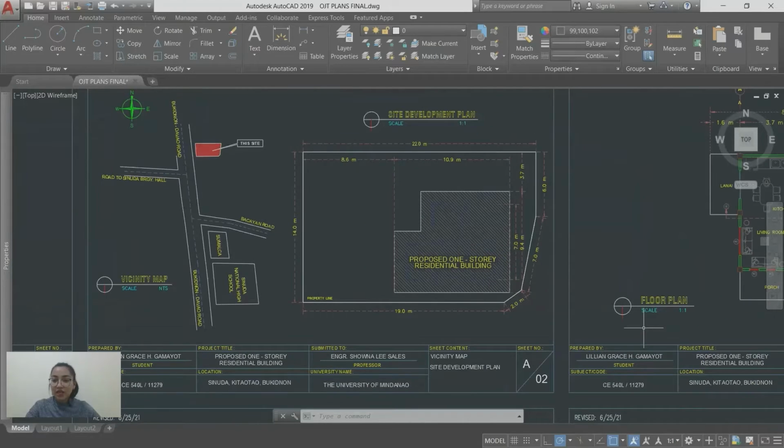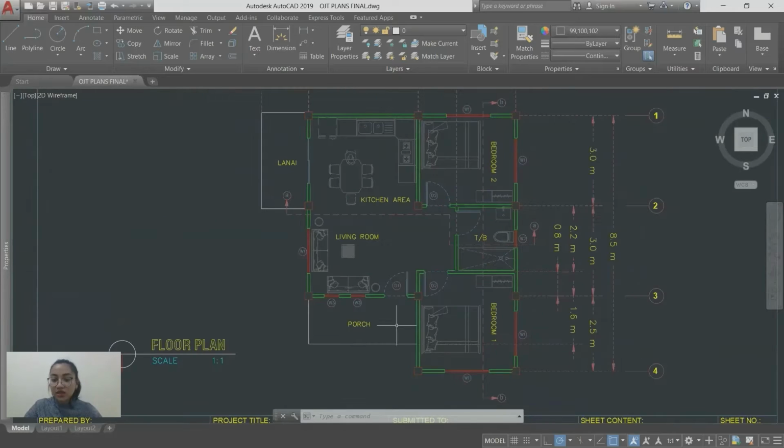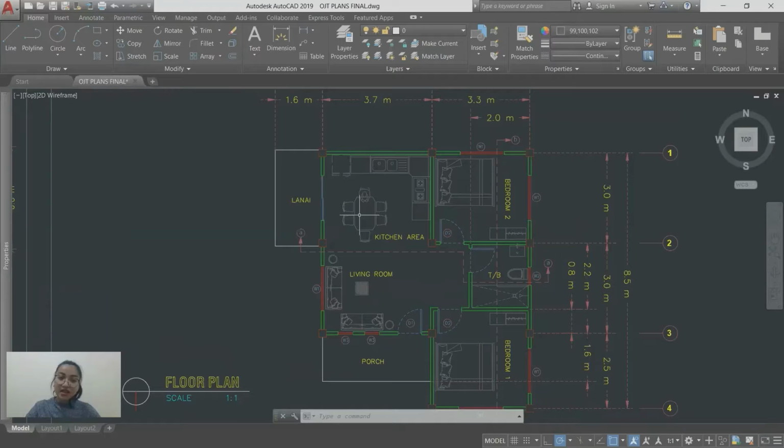And then here are the new rooms, the bedrooms. Ni-split ko lang yung bedroom 1 and bedroom 2 para ma-insert itong toilet and bathroom area. Then we have here the kitchen and the lanai.